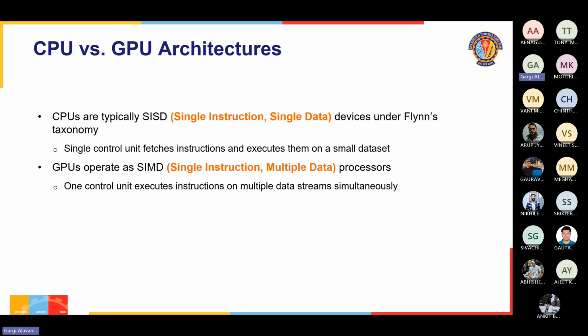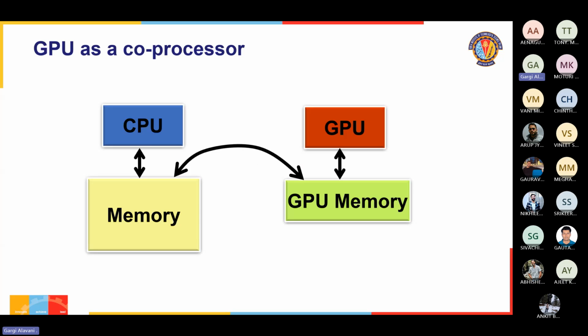So the difference between the two, as we discussed, is that CPUs are single instruction, single data, and GPUs are single instruction, multiple data. And how they interact is that the CPU is the host. The CPU is the one hosting the coprocessor, the GPU, and you communicate between the two, the CPU and GPU, through its memory.